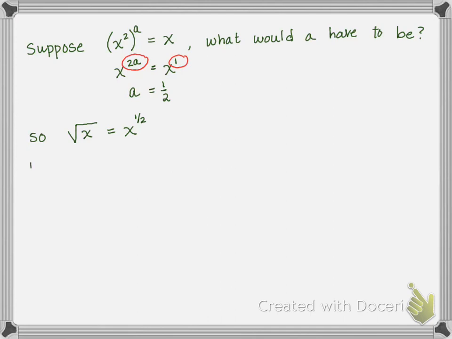In general, the nth root of a to the m is equal to a to the m over n.